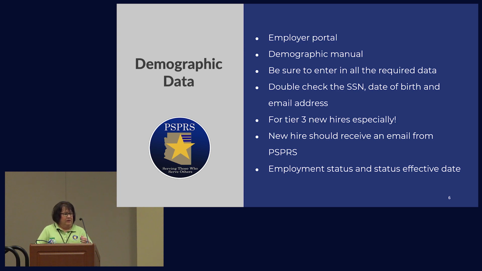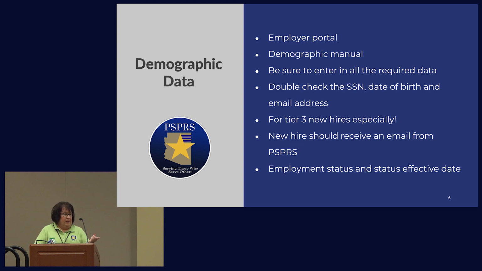That causes a problem: if it's a new hire, that member may not get that email from our office regarding the Tier 3 options. Also check the employment status and employment effective date. More times than not, I don't have a list of the employment statuses, so I go into the demographic and see what my options are.